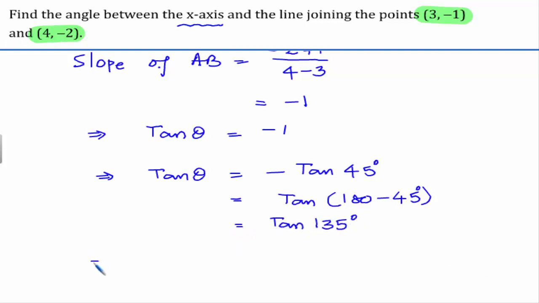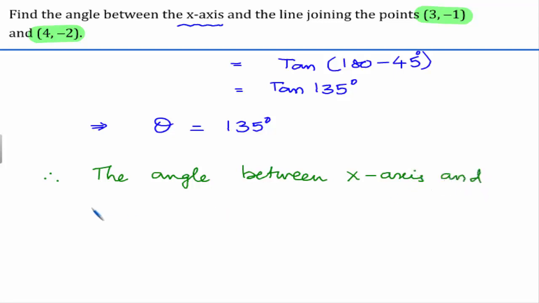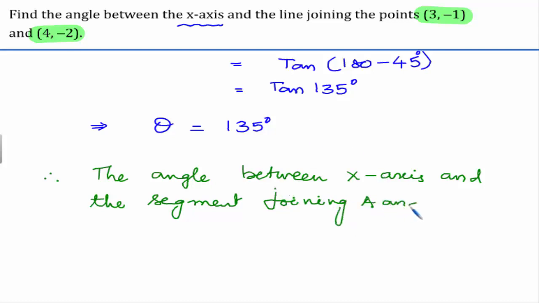So that implies theta is equal to 135 degrees. So therefore the angle between the x-axis and the segment joining the 2 given points A and B is 135 degrees.